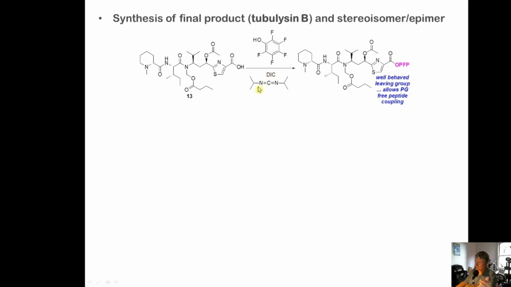Of course, what does that do? The nitrogen is a base. Nitrogen takes a proton off, makes an O minus. Then the O minus attacks DIC on the carbon, right? So this takes the proton, then this attacks DIC. That makes a good leaving group on the carboxylic acid. So now you have a good leaving group there, and then the pentafluorophenol kicks that off.